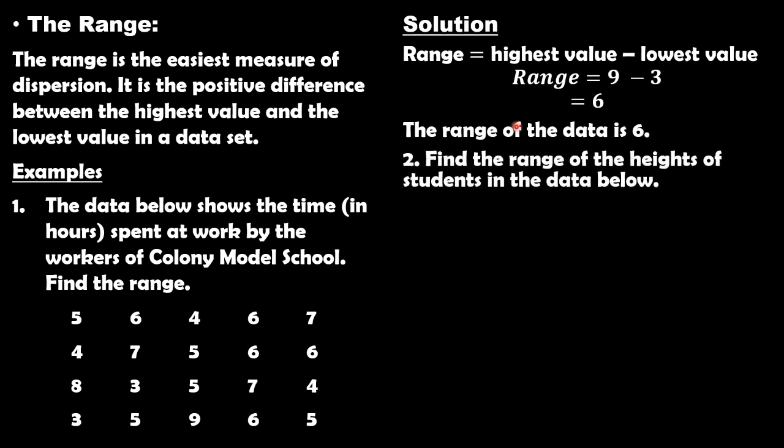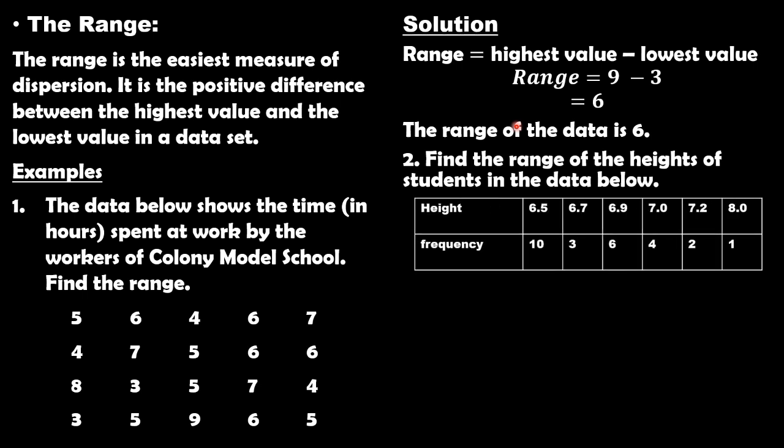Now, let's look at another example. We are to find the range of the heights of students in the data below. So we have the heights in the first row and the frequency in the second row. Here, 6.5 has the frequency of 10.